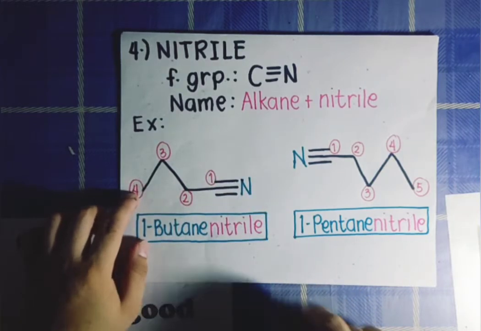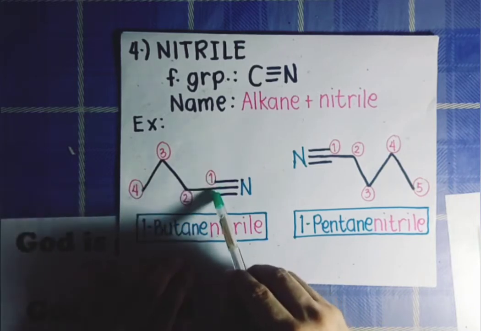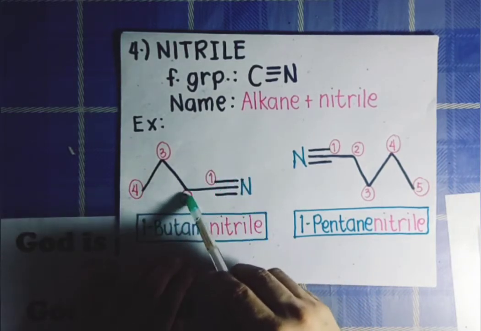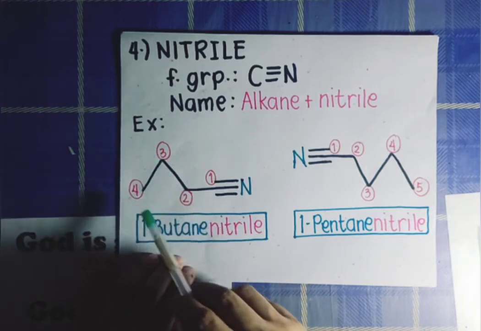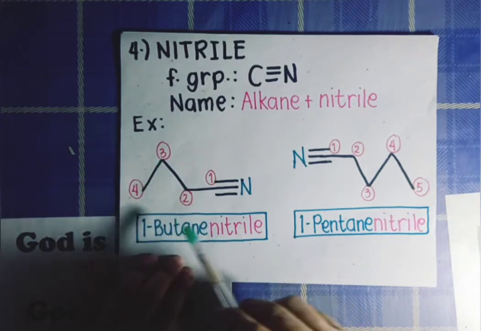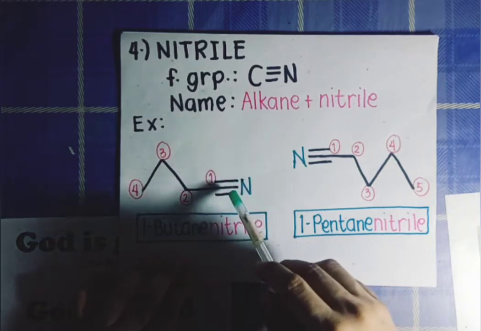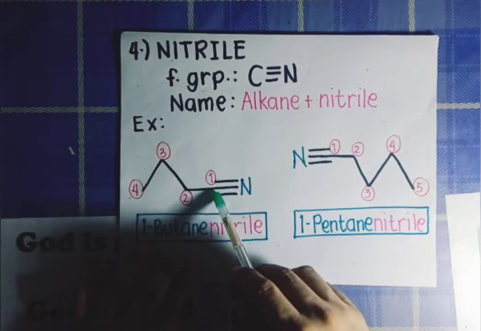We have here 4 carbon atoms. This is the first carbon atom, triple bonded to nitrogen. Then this is the second carbon atom, third and fourth. Therefore, its name is 1-butane nitrile. 1, because our nitrile group is located at carbon number 1.